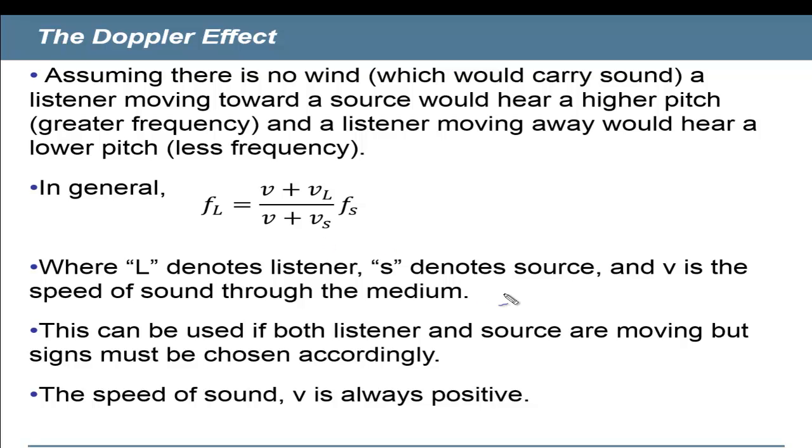The speed of sound, however, V is always positive. We'll never have a negative value. We don't need to say, oh, well, the person is to the left of them, so the speed of sound needs to be negative. That's not the case. The speed of sound is always positive. The only things we need to worry about changing signs are the velocity of the listener and the velocity of the source.